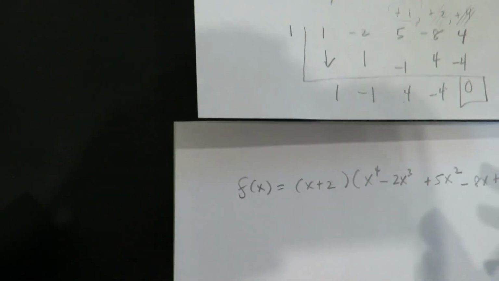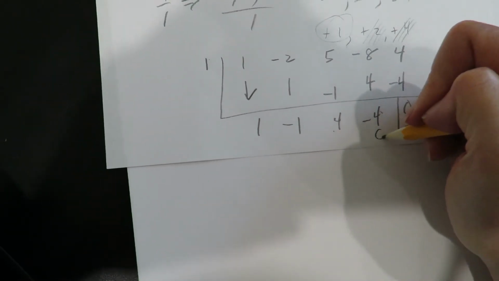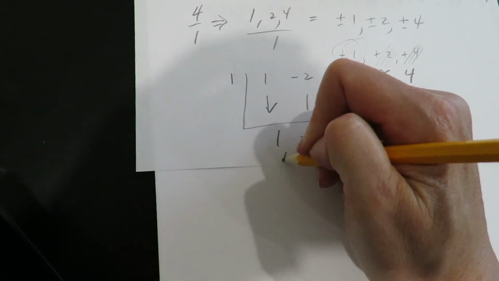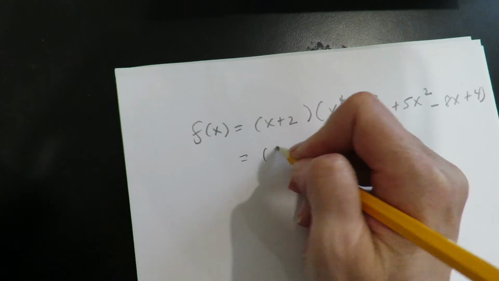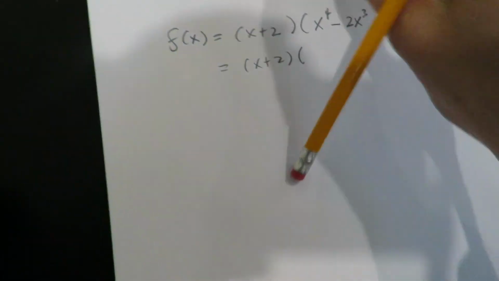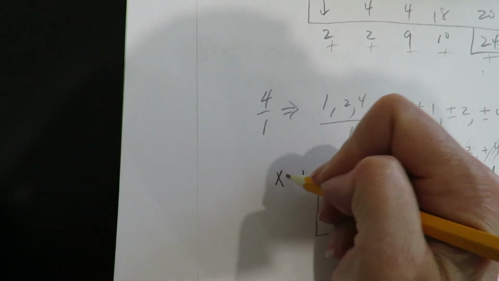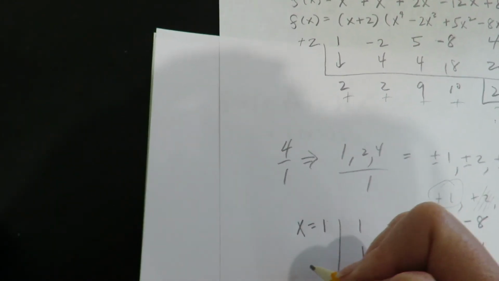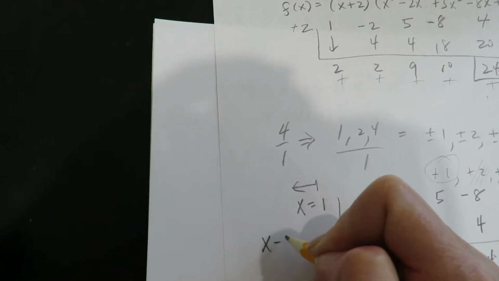Okay, so I've taken out one linear factor, and so now this is a constant, x squared, x cubed. Okay. So that means here that x equals 1, or if I move it to the left, x minus 1 equals 0.